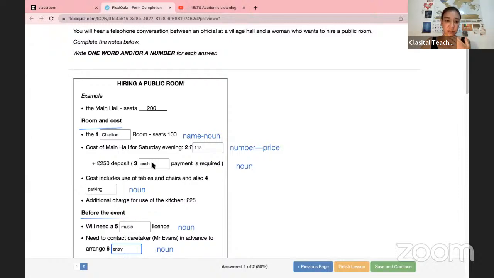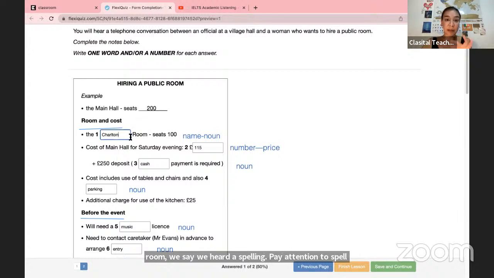And see the Charlton room. We heard a spelling. Pay attention to spellings. When you hear a spelling, most probably it will be one of the answers. And pay attention to capitals too. It is a name, so it should start with a capital. The Charlton room, it's a name.